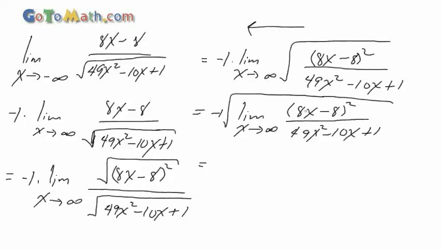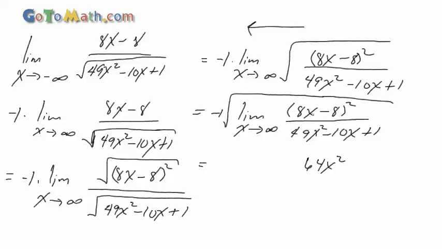But really, 8x times 8x, or 64x squared, is the only thing we're concerned with, and not the rest of the terms. You'd end up with positive 64 at the end.